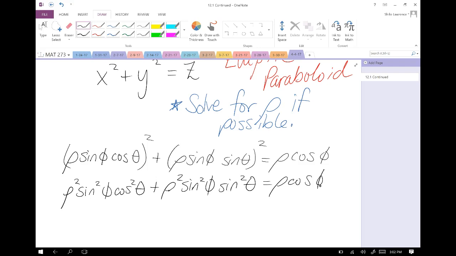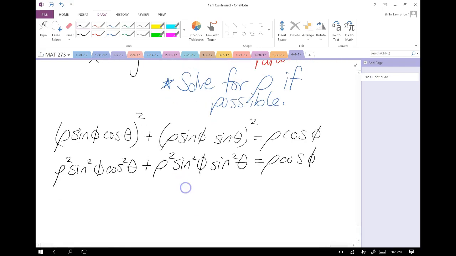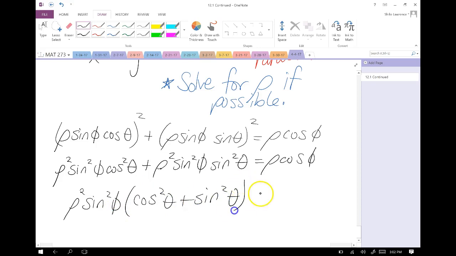Right, both of the terms on the left have a rho squared sine squared phi in common. So if we factor it out, we're left with cosine squared theta plus sine squared theta, which is special. It's equal to 1.